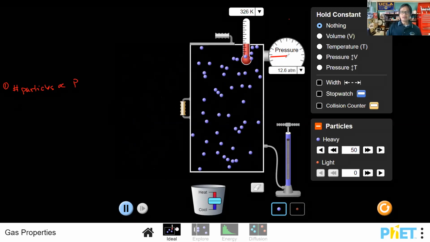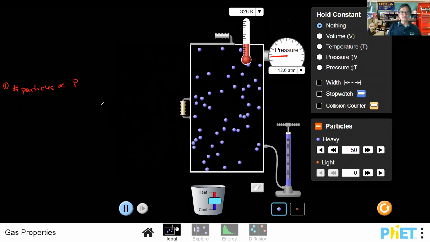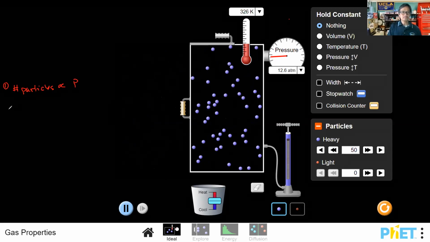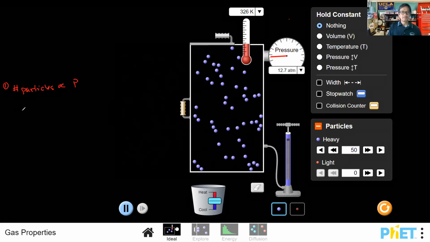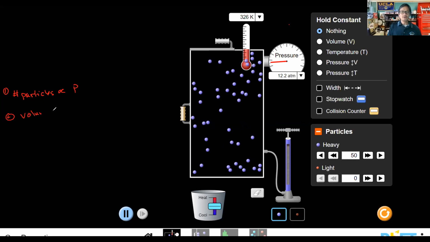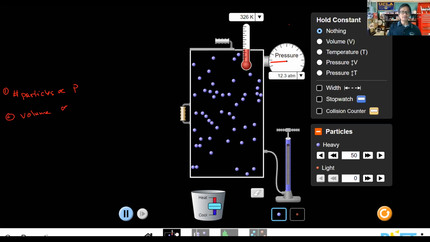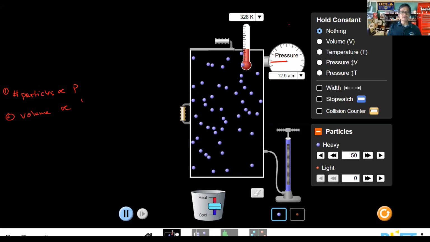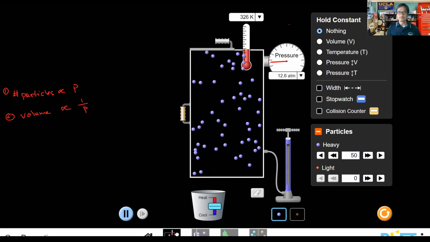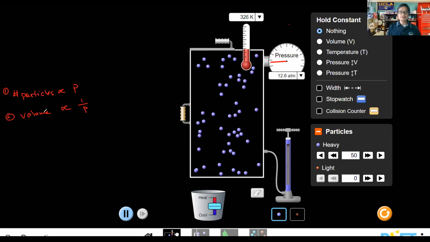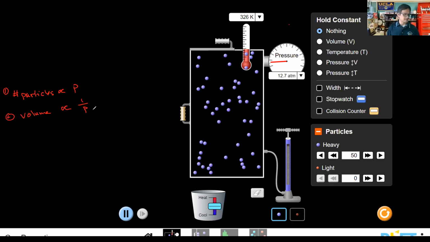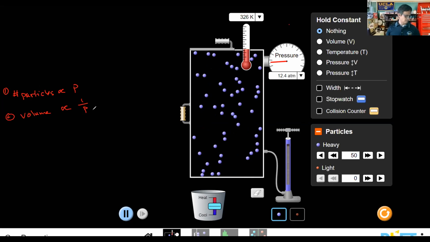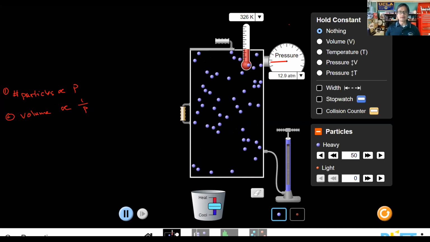And if you notice here, the pressure also increased. So we also see that the volume is related to pressure. It's an inverse relationship, where as we decrease the volume, the pressure goes up. Hopefully you're able to see that, and we'll talk about that in just a moment.